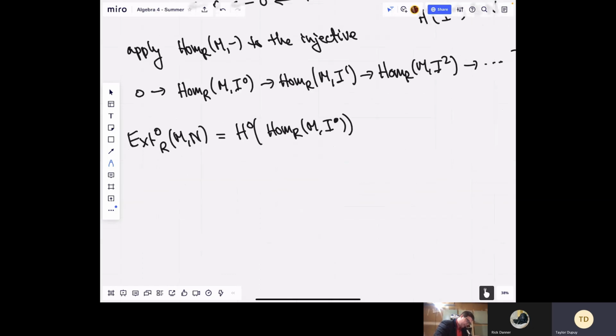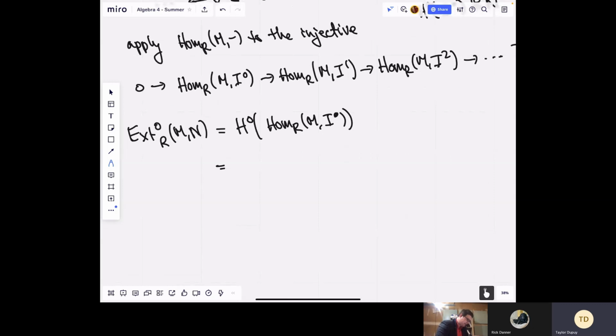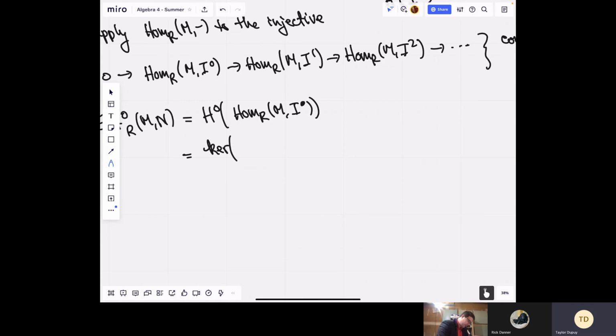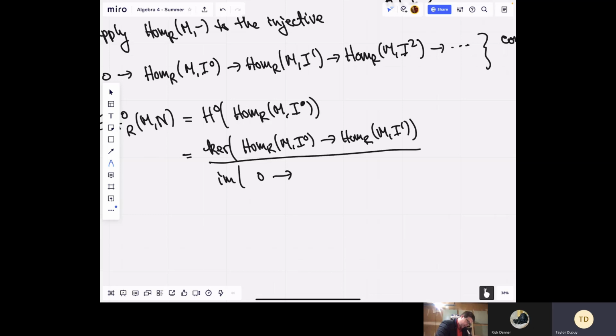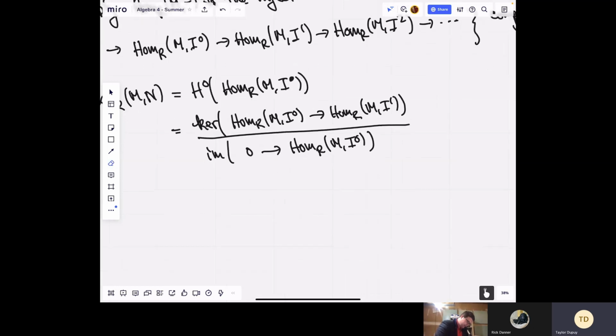It's the kernel of this map Hom_R(M, I^0) to Hom_R(M, I^1), mod the image of the previous map. Okay, so the bottom is 0. So that's just the kernel.